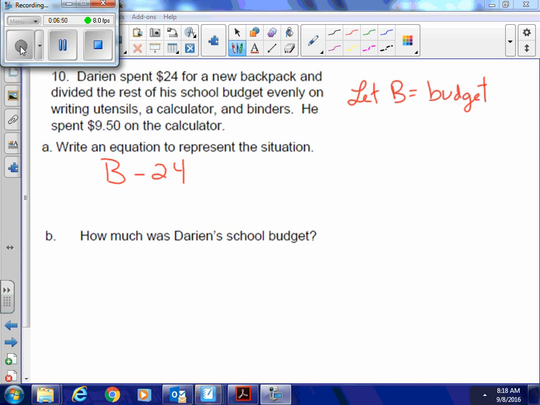And then he's dividing the rest evenly amongst 3 items. The calculator, the binders, and the writing utensils got split. However, I know that when I divide the rest by 3, I get the $9.50 that is the calculator price. He is going to spend the same amount on calculators as he does on writing utensils. So here's our equation. To solve for B, I would multiply both sides by 3.